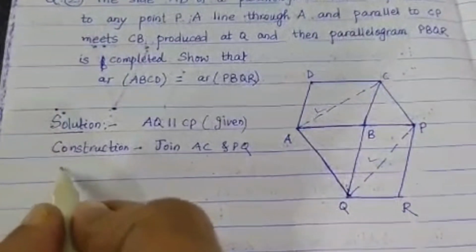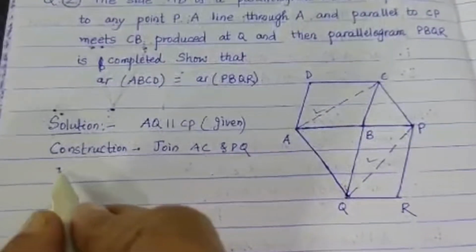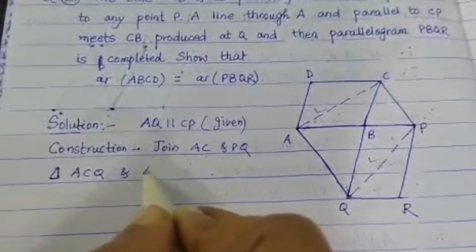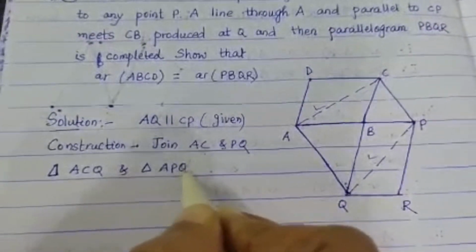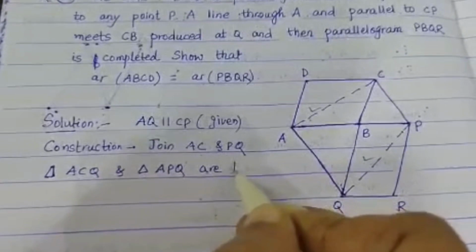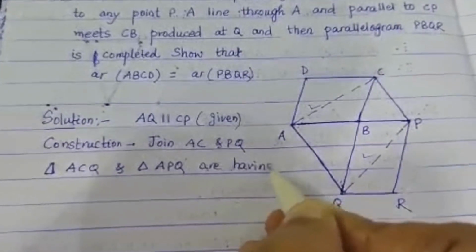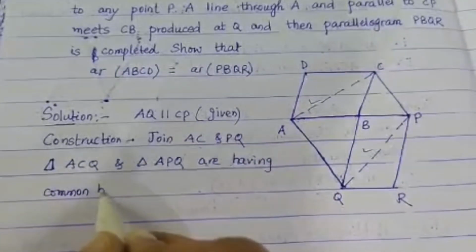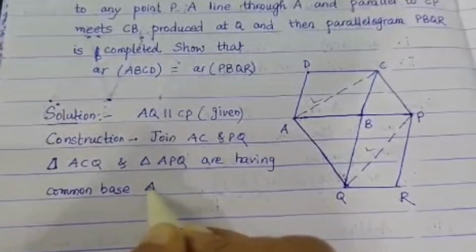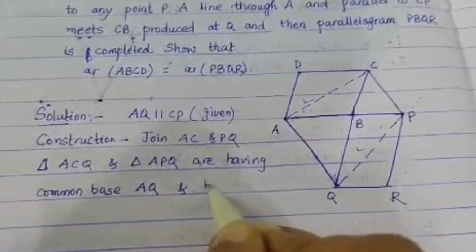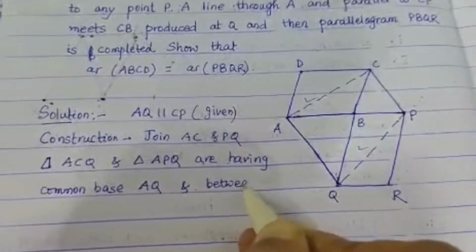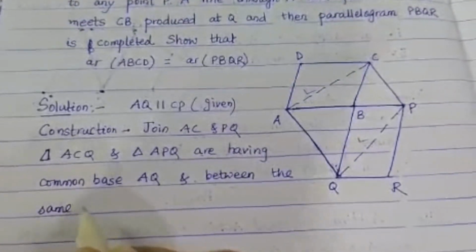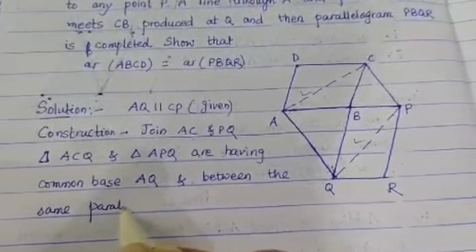So triangle ACQ and triangle APQ have a common base AQ and are between the same parallels. And what are the parallels?